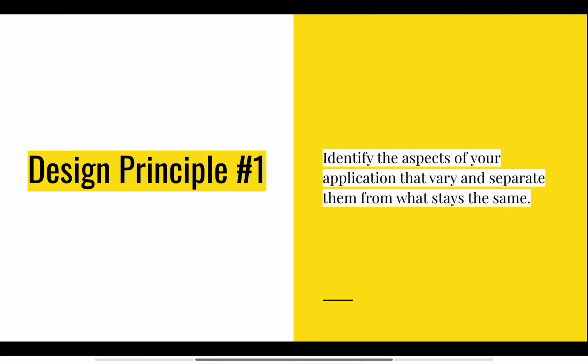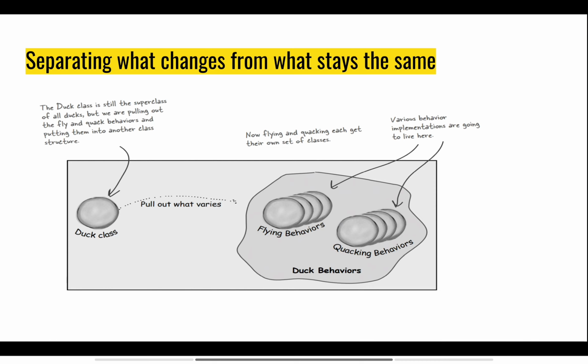So with this we landed upon our very first design principle, which says: identify the aspect of your application that varies and separate them from what stays the same. You can see the Duck class was having fly and quack behavior, which was changing every single time.